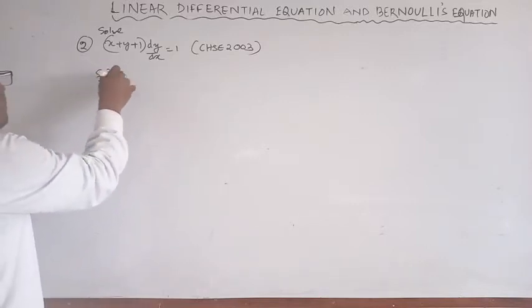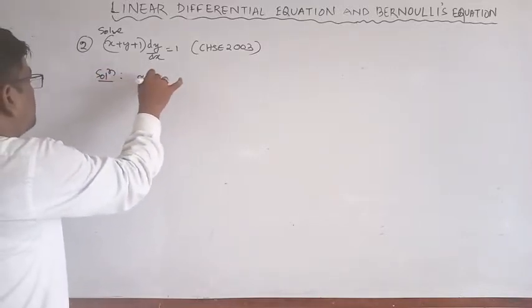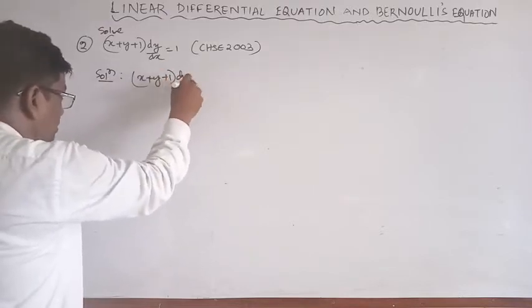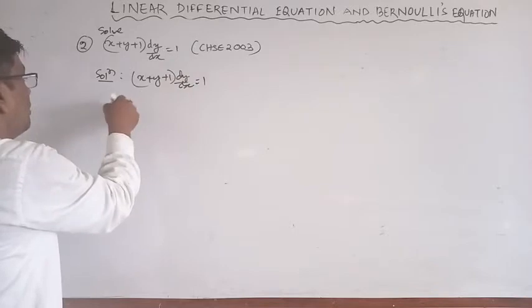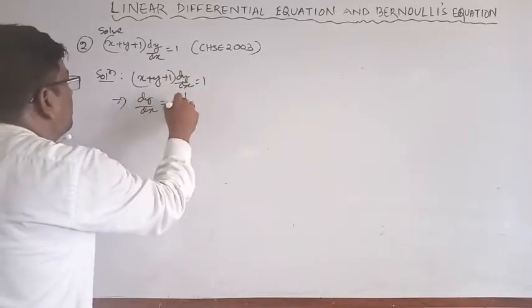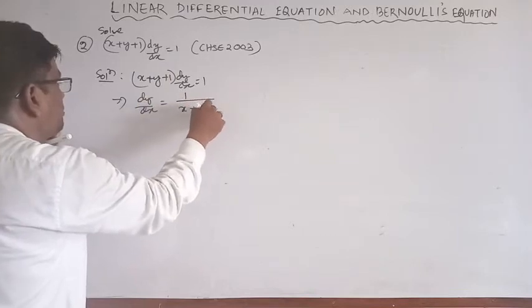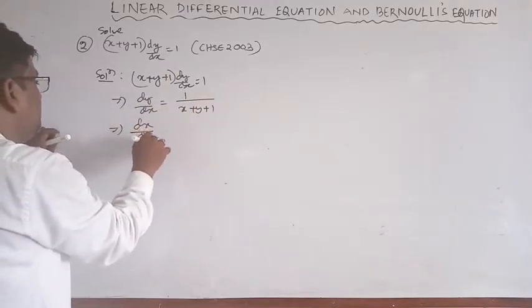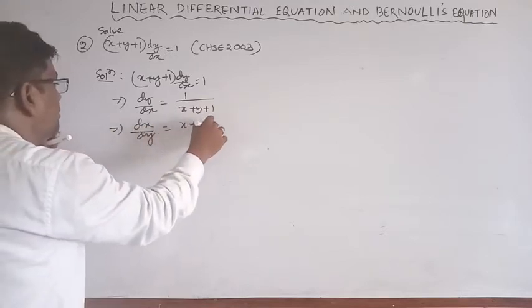The solution is: (x + y + 1) dy/dx = 1. Now dy/dx is equal to 1/(x + y + 1). So reversing, dx/dy = x + y + 1.